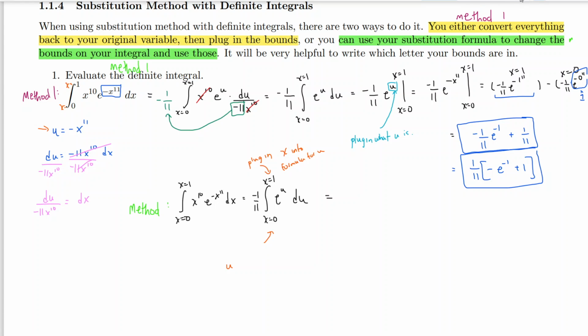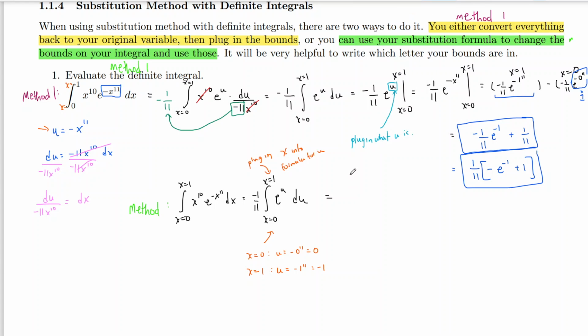This is the way I like to write it. I like to write it right below. You can write it on the side, whatever is best for your organization. When we plug in x equals 0 to our formula, we get u equals negative 0 to the 11th, which is 0. And then when we plug in x equals 1, we get u equals negative 1 to the 11th, because that's our formula for u, which is negative 1.